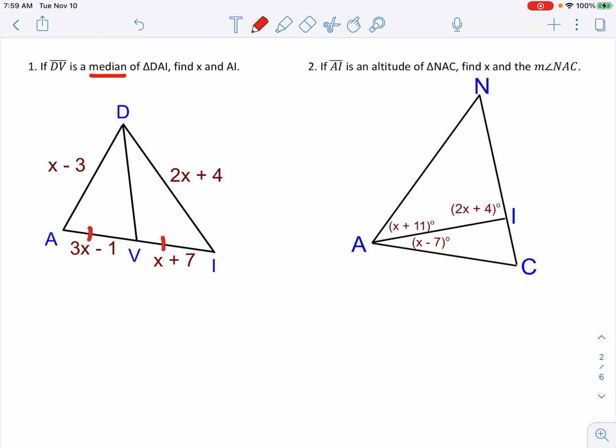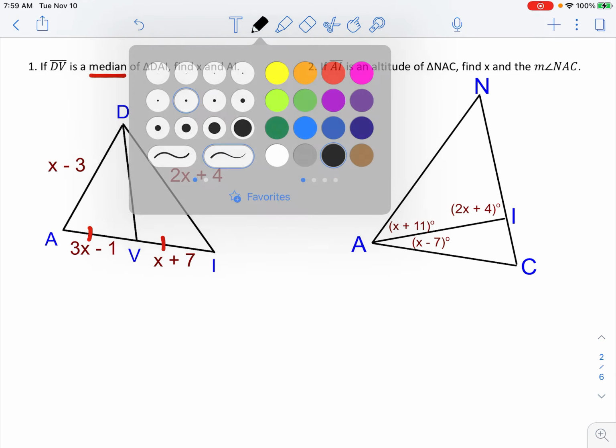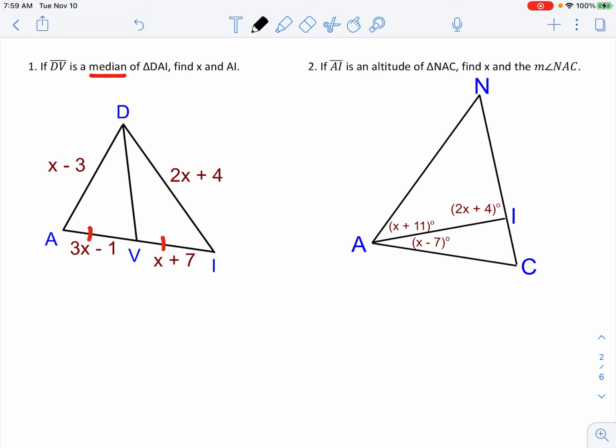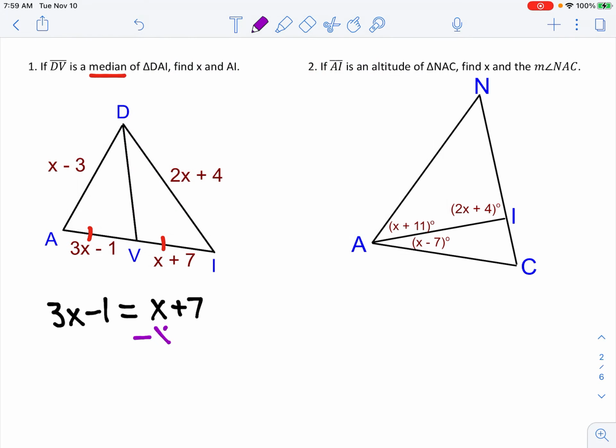You'll notice this picture has four equations. However, I can only use the two equations that are on the marks where I made my tick marks. So you'll notice 3x minus 1 has a tick mark, so it has to be equal to x plus 7. We're going to solve this equation after we set it up based on the word median.